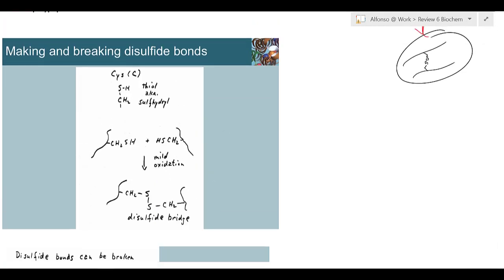Well, this shows you mild oxidation, but if we were to go the reverse, from here up, what's happening to the disulfide bridge? If we go in the upwards direction, it's being reduced. So this would be reduction. And downwards would be oxidation.